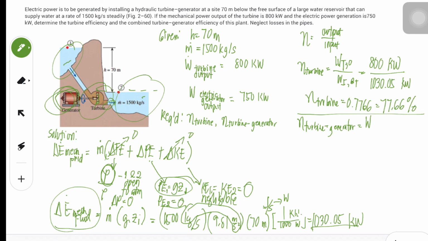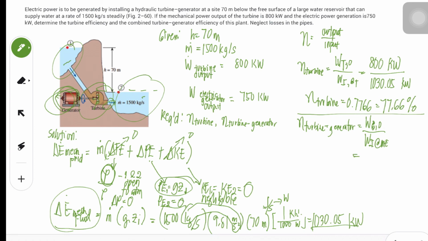Since it is combined, we don't just put the output of the turbine. We need to put the electric generator output. It is our real output because it comes last. So this is the generator output, or the electricity produced, for the total input, which we call the mechanical energy of the fluid.